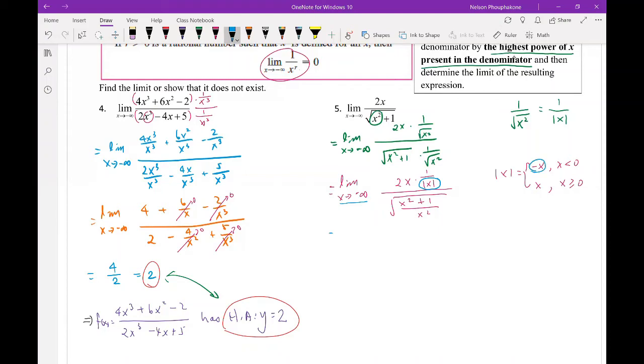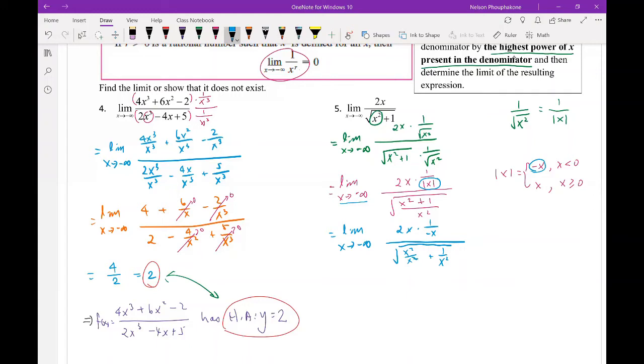And of course, the denominator we can simplify: I will have x squared over x squared plus 1 over x squared.